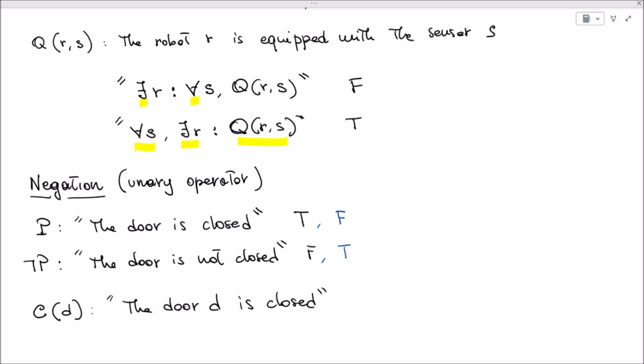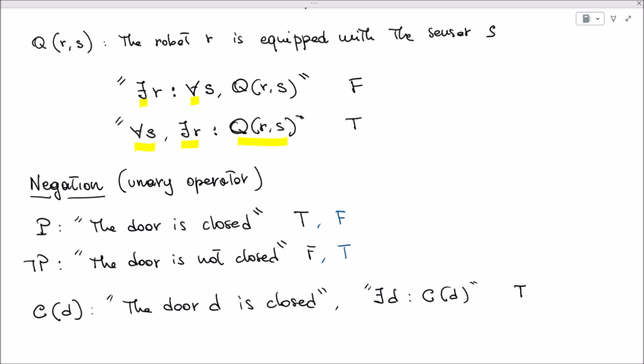We realize this is a predicate with one parameter D, and therefore we cannot establish if this is a true or false proposition. However, from this predicate, we can build the proposition: there exists at least one door D such that C of D, and this is very likely to be a true proposition because there would be at least one door such that that door is closed.